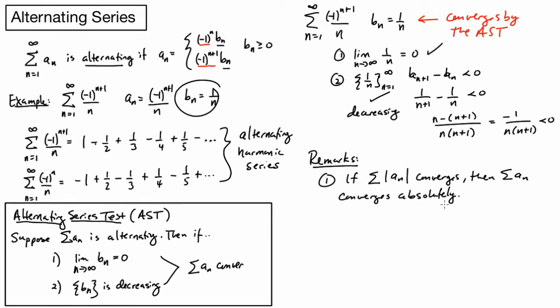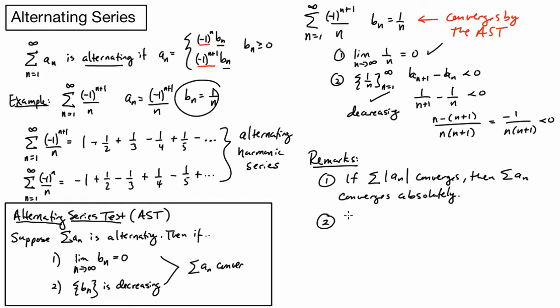The example here is that the alternating harmonic series doesn't have this property because even though the alternating harmonic series converges, as we've shown, if you take the absolute value of its terms, that is just bn because you get rid of this alternating piece, and we know that that series diverges.